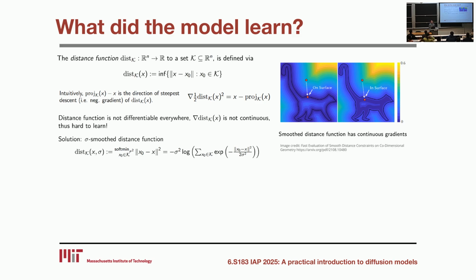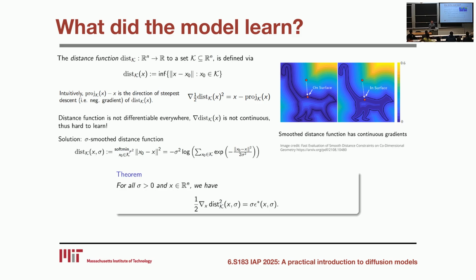There are many ways to smooth the distance function, and one of them is to use a soft min instead of a min here. If you smooth the distance function this way, it turns out there's a very nice connection between this and the ideal denoiser. In fact, the gradient of this smooth distance function is exactly what the ideal denoiser predicts. So you can think of the ideal denoiser, which is what this diffusion model is trying to learn, as basically trying to predict the gradient of a smooth distance function.